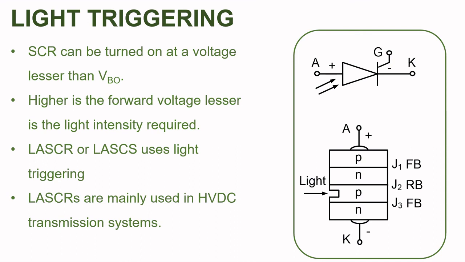SCRs are mainly used in the HVDC transmission systems. In HVDC transmission systems, we are having HVDC converters which are working at very high voltages. In these HVDC converters, LASCRs are used. For triggering these LASCRs, light triggering method is predominantly used.